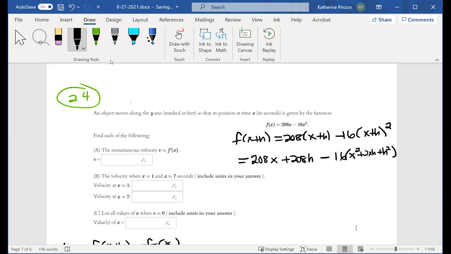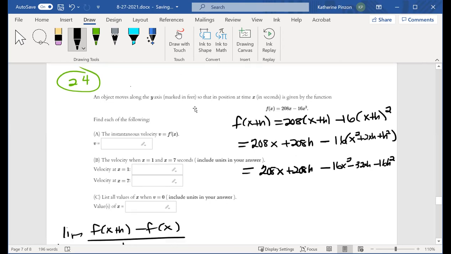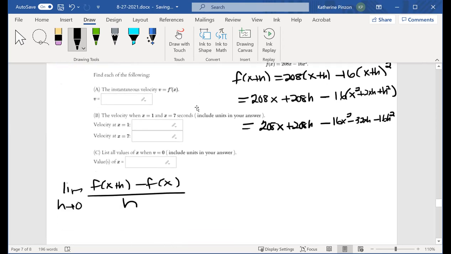If you did your homework already, then you know that you use this like 100 times. Okay, keep simplifying. 208x, 208h. I'm going to distribute this 16 to all three of those pieces: 16x squared, 32xh, minus 16h squared. That's f of x plus h.